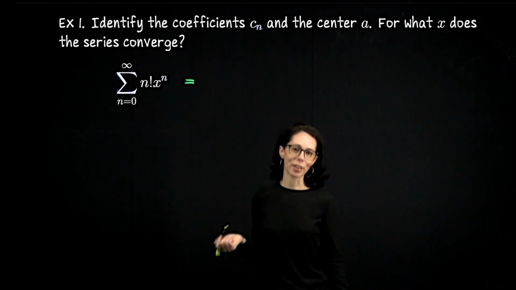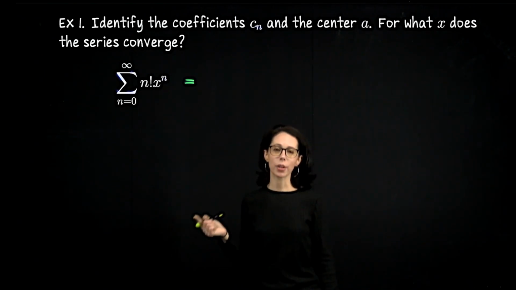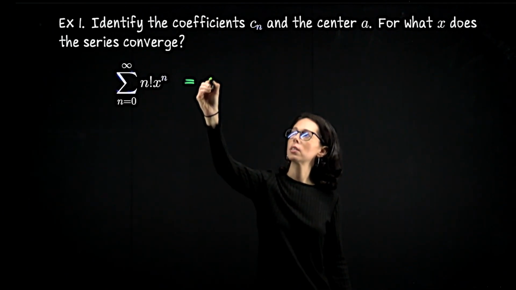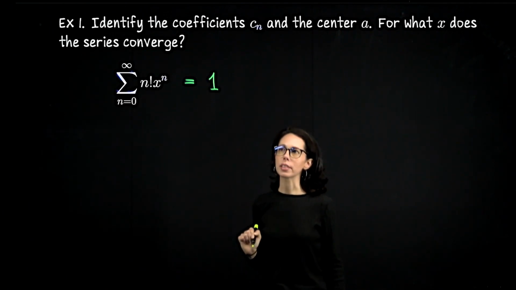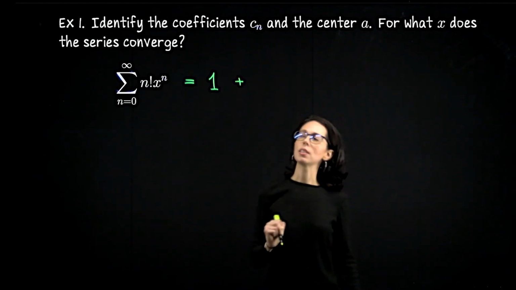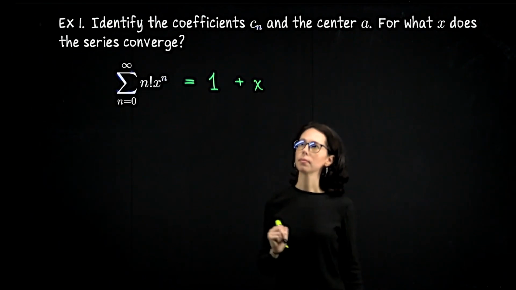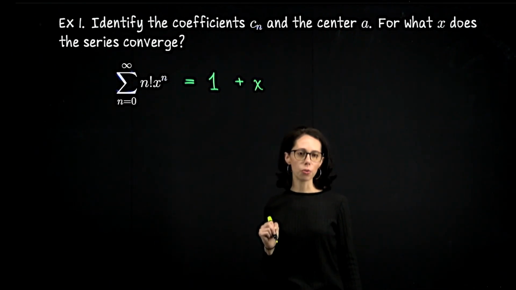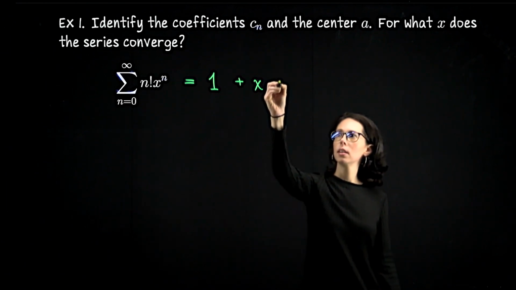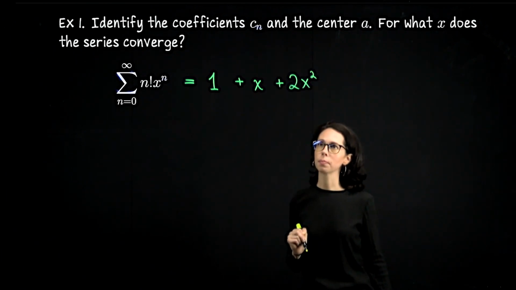If I start with n equals 0, a natural place to start, 0 factorial is 1, x to the 0 is 1. So the first term in my power series is the constant 1. Then the next term is 1 factorial times x, so that's just going to be 1x. Then after that, we get 2 factorial times x squared, so that's 2x squared.